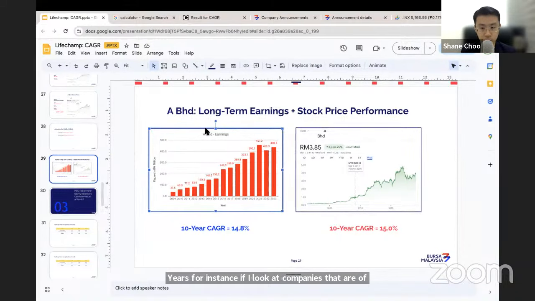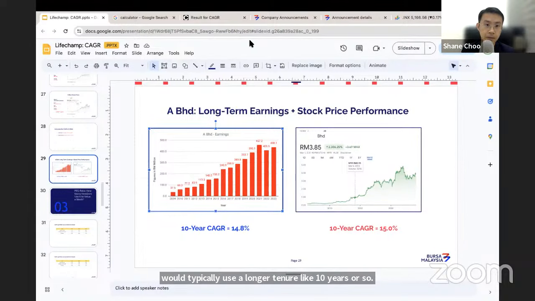If I look at a high growth stock, a small cap one, I will look at their profit for the past 3 years. That's how I do it. For growth stocks, I use a shorter period because I think the recent performance is more accurate for me to forecast what the next year's profit would be like. For a blue chip, I would typically use a longer tenure, like 10 years or so.